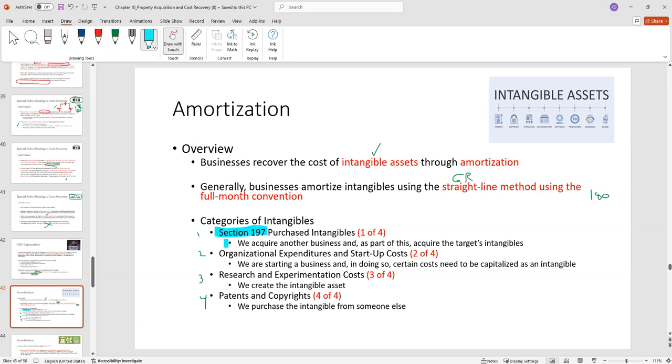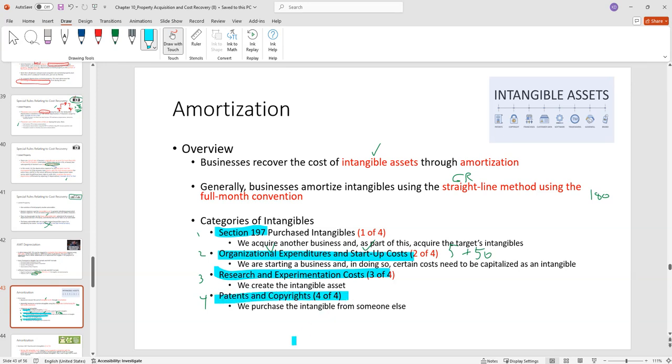Section 197, when one business buys another, not 179, 197. We have organizational expenditures and startup costs. I'm just going to put 5 plus 50 because we can get that potentially twice for those. R&E, anything where we're producing an asset, we'll talk about those situations.